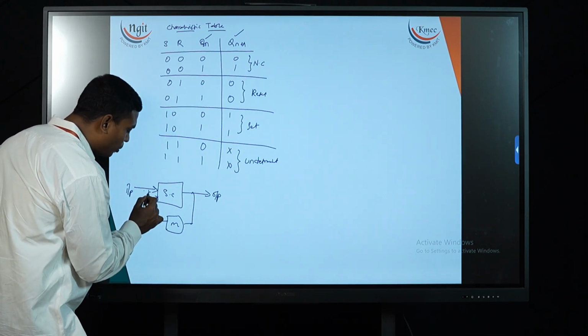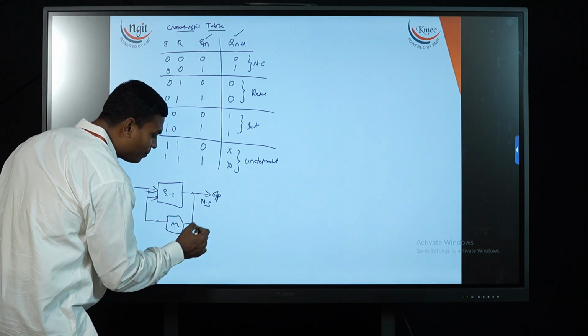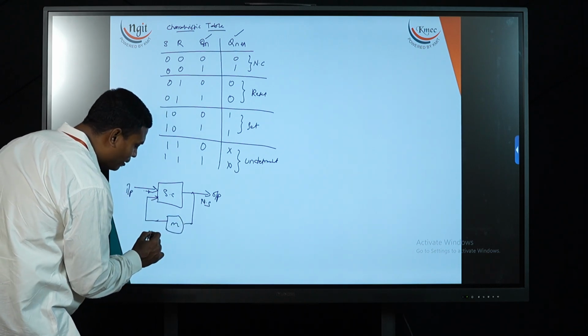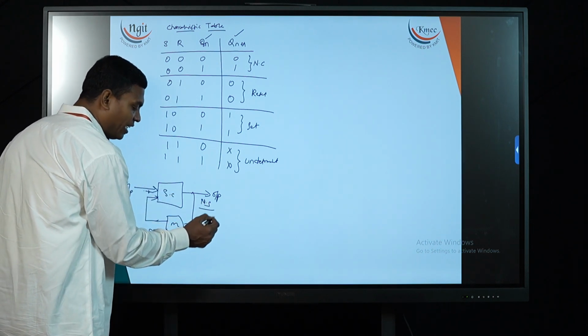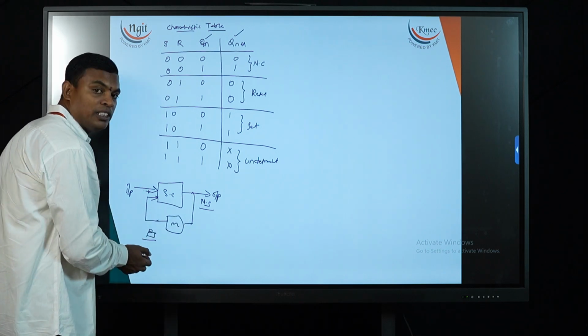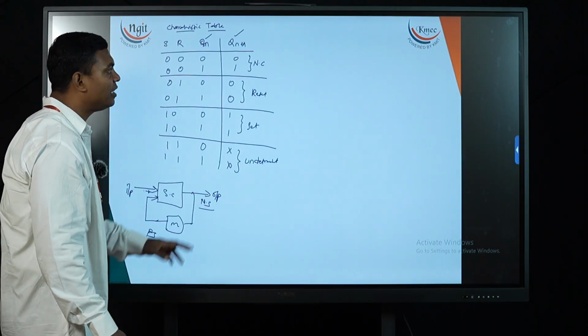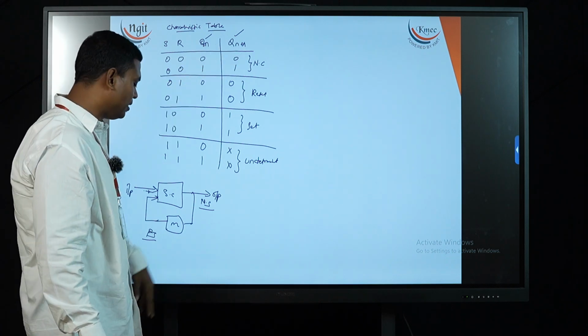So input plus stored value gives me the next state. This stored value is my present state. So input plus present state gives me next state. That is, Qn is my present state, Qn plus 1 is my next state.